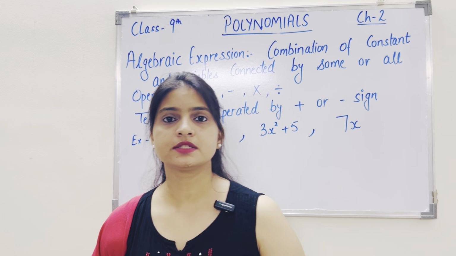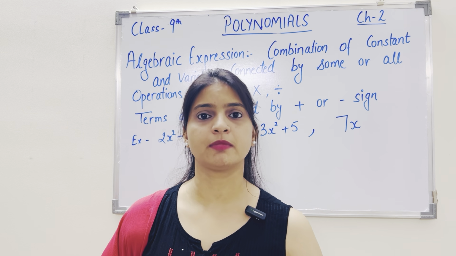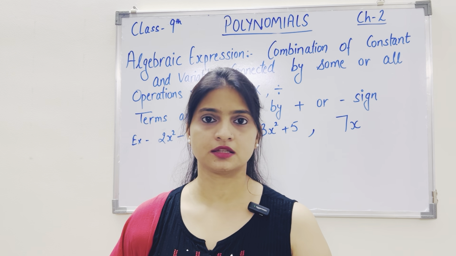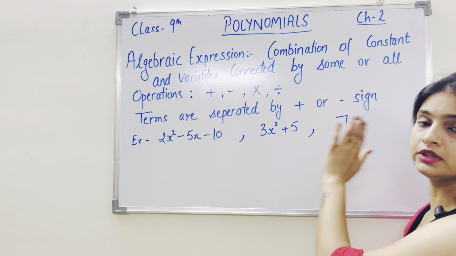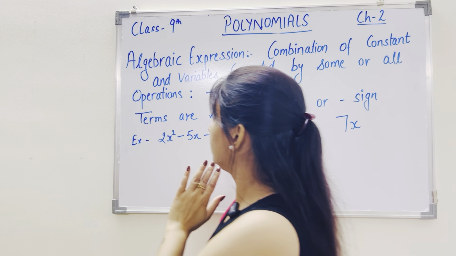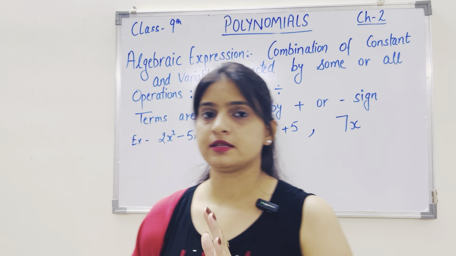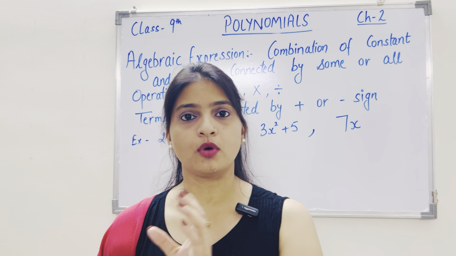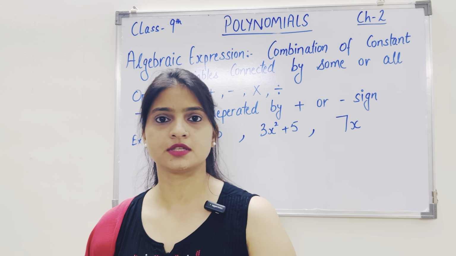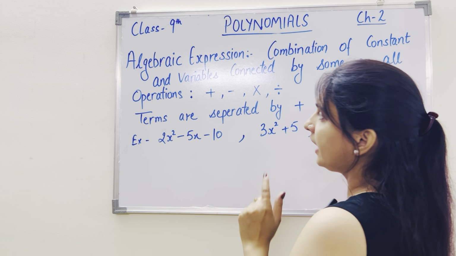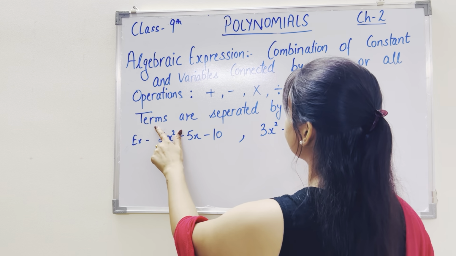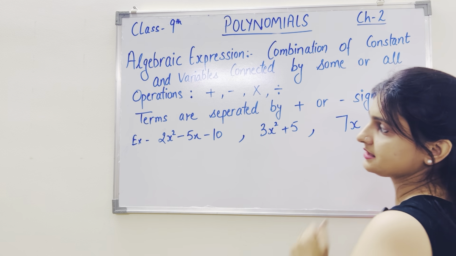These operations can be plus, minus, multiply or divide. These are the four operations. Maybe one operation or all the operations. So this is what we call an algebraic expression, a combination of constants and variables connected with some or all operations, where terms are separated by plus or minus sign.